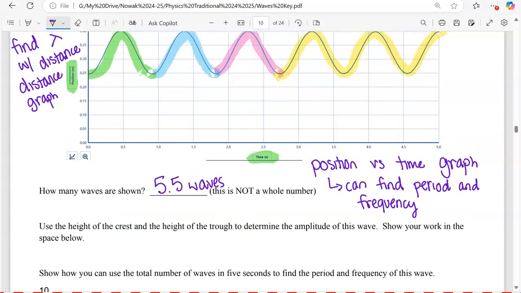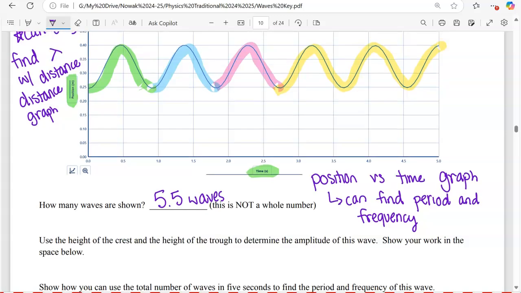We're going to use the height of the crest and the height of a trough to determine the amplitude. We remember that the amplitude is the distance between your equilibrium point and your maximum or your minimum. First I need to find my equilibrium. I see that my maximum is at 0.4 and my minimum is at 0.25. So there's about a 0.15 difference. My equilibrium point is going to be right in the middle, which is 0.075.